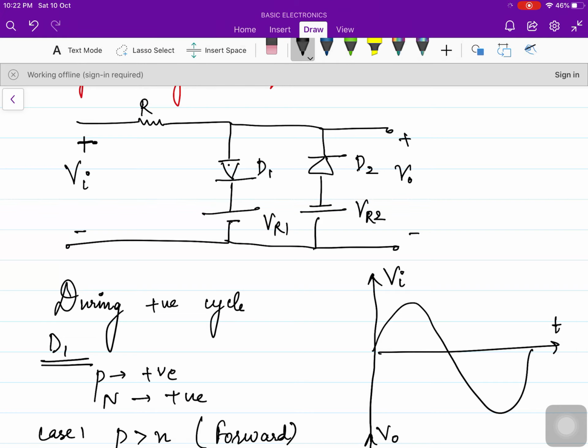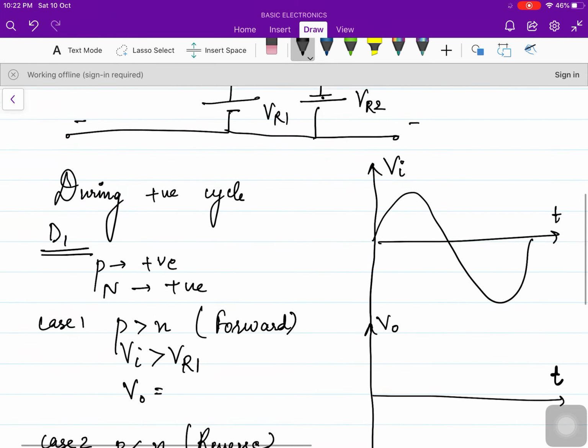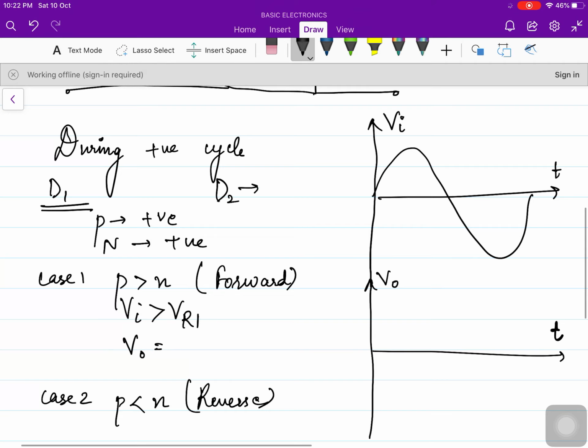If this will be forward, we will assume it as a short circuit. Let us see the status of D2 as well. D2, N is getting plus and P is getting minus. So D2 is reverse biased.